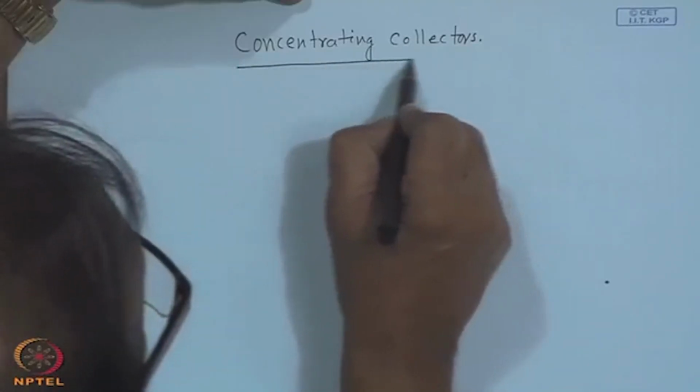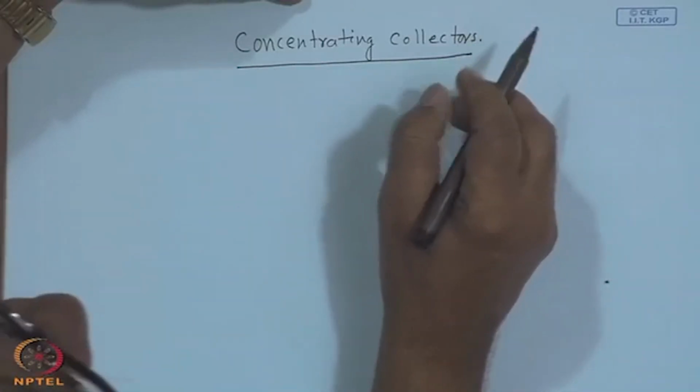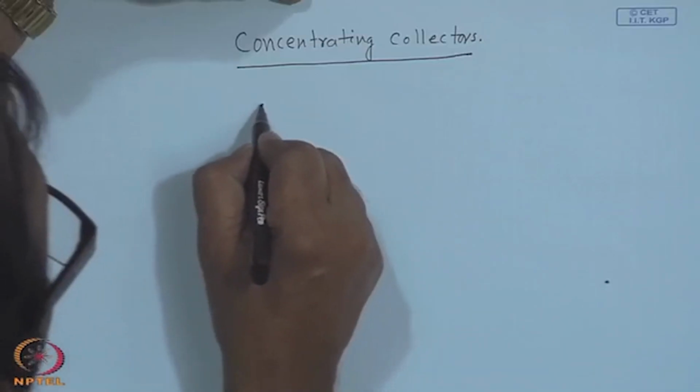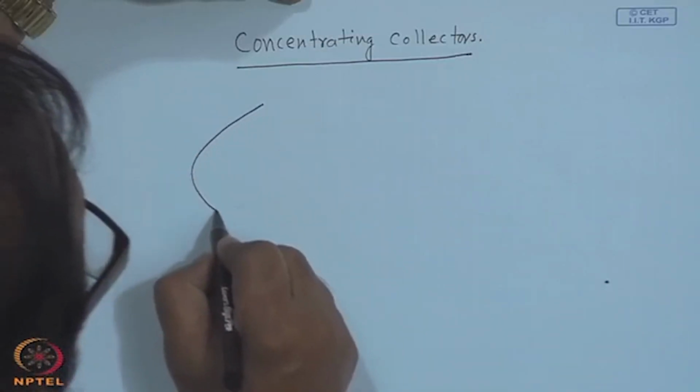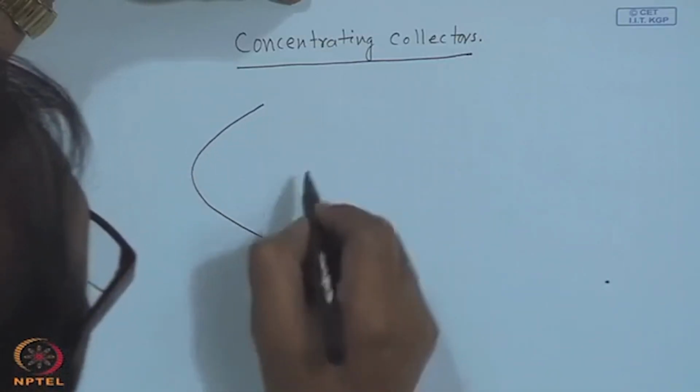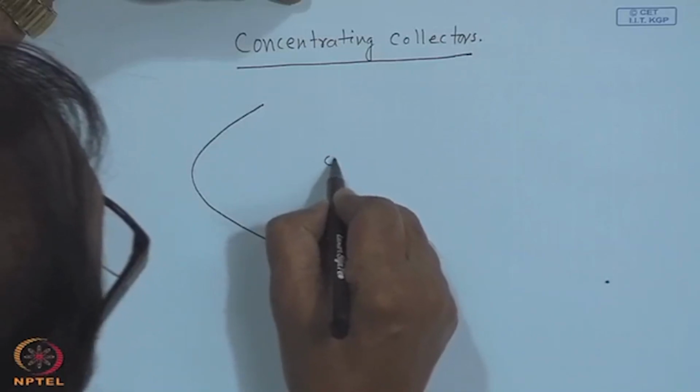So, the next idea is what we call concentration, and the very early type of concentration you can see in the form of mirror boosters. I will first give you the configuration, so that you will understand the whole idea.